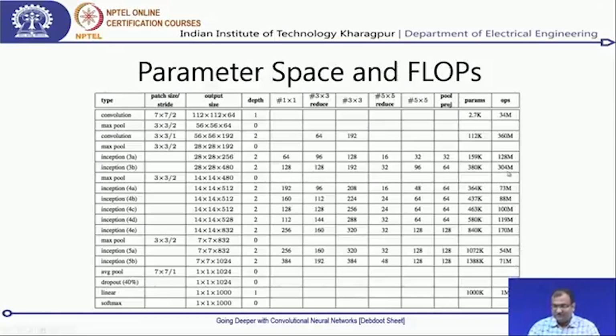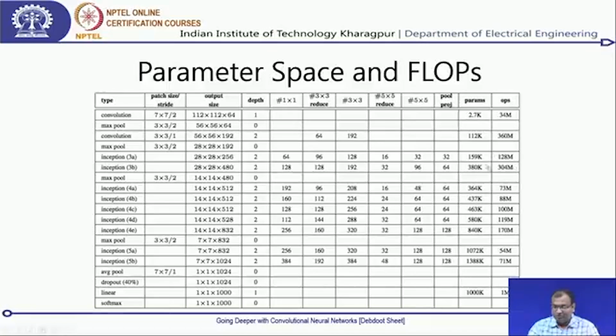Now, it is not always necessary that if your number of parameters is high, your operations will also be high, because if I compare the layer which has 380,000 parameters versus the layer which has 437,000 parameters, the next layer, Inception 4B, has more parameters than Inception 3B.